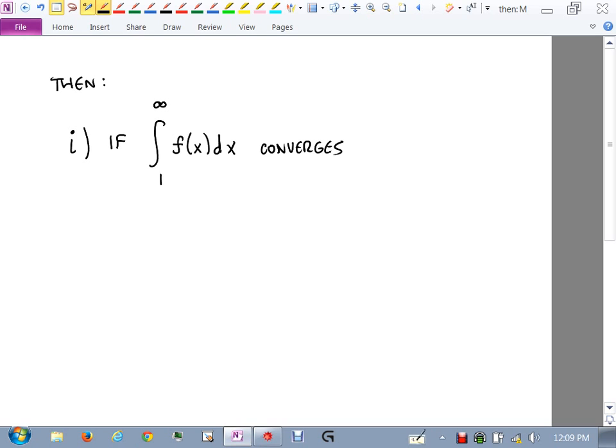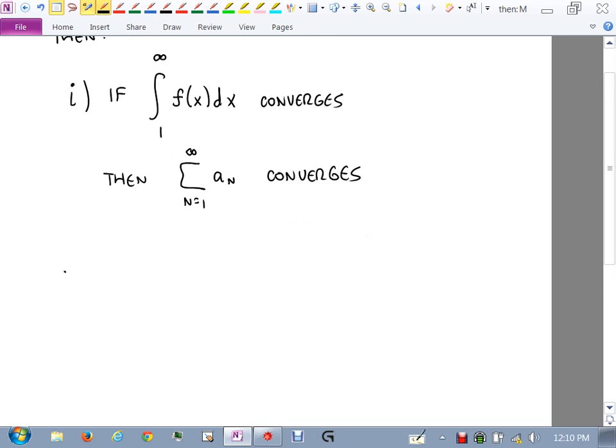So if that improper integral converges, that means it goes to a number, the result says the infinite sum, n equals 1 to infinity of a sub n, converges. I was trying to get you to see geometrically that if the area underneath the curve converges, the summation of the series should also converge. That's the first result.